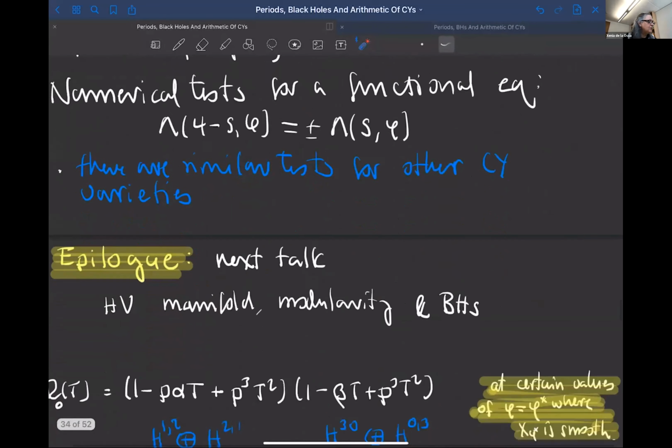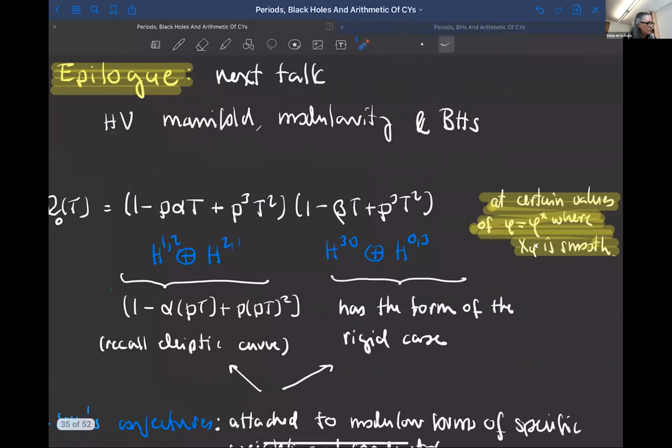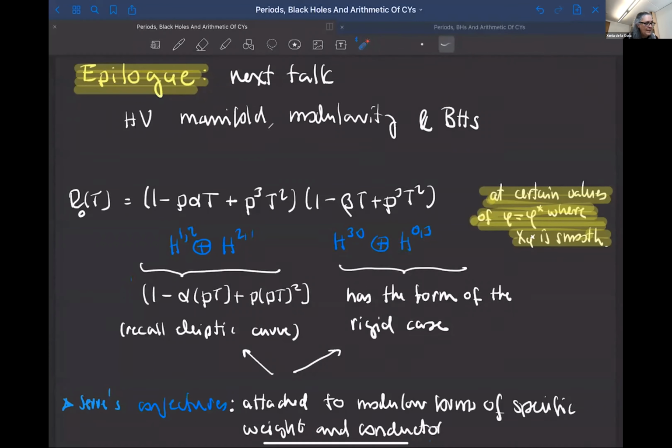Now I'll finish with an epilogue, just to introduce Philip's talk. He will talk mainly about the Hulek-Verrill manifold, modularity and black holes. What he will discuss is that at certain values of phi star, where the Calabi-Yau is smooth, so there's no singularity, R0 factorizes into 2 quadratics. One quadratic resembles very much the quadratic polynomial that appears in the case of elliptic curves, and the other piece resembles what happens for the rigid case.